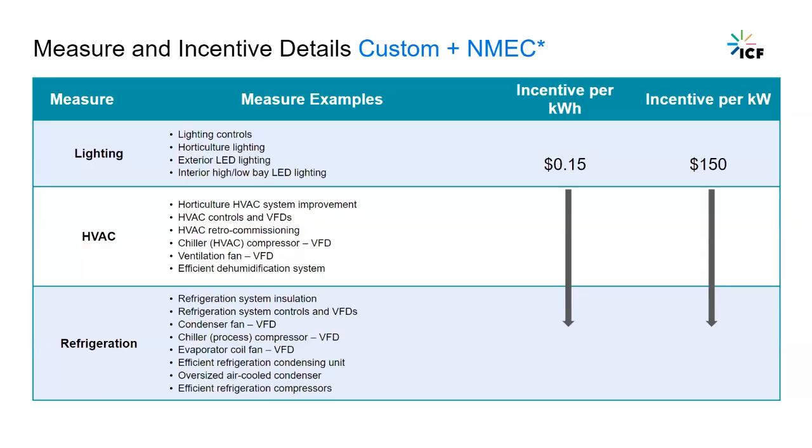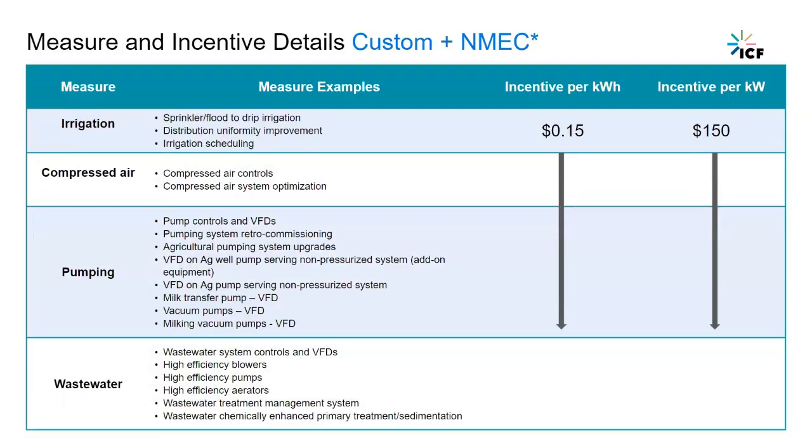We can offer incentives for post-harvest processing as long as the processing is co-located within the farm that the crops are grown. And you can see the incentive that we offer is 15 cents per kilowatt hour plus 150 per kilowatt in savings for custom electrical measures. Next slide, please.